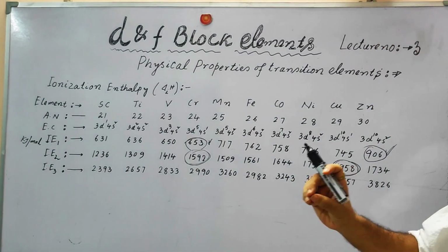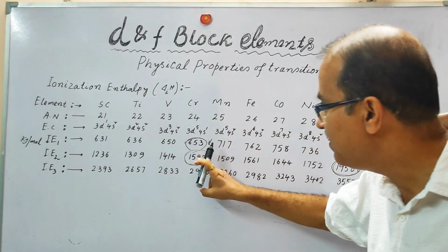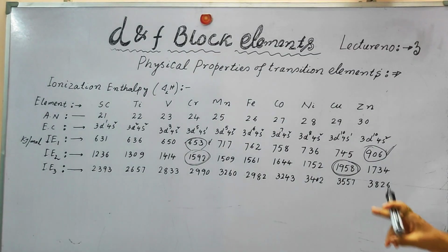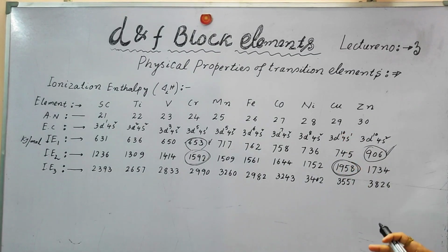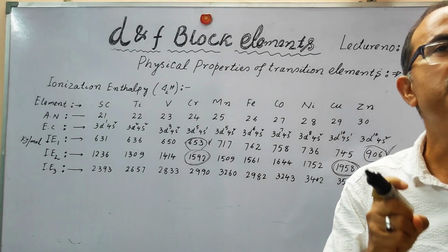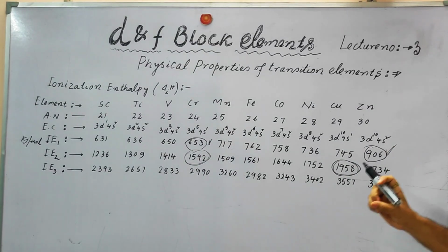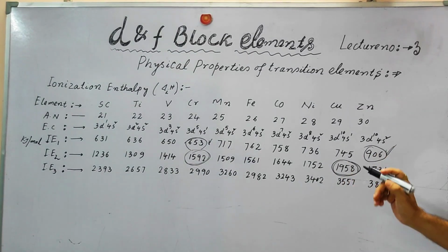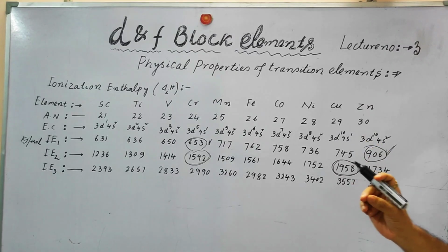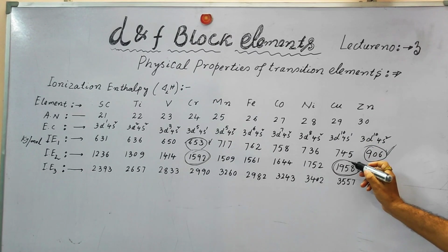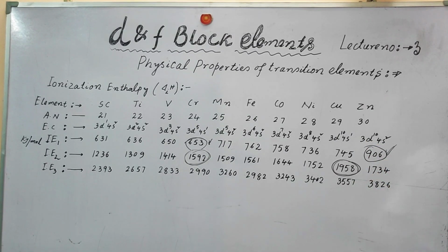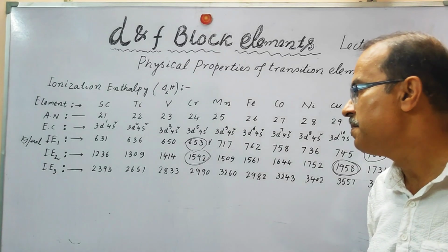So the same thing applies here that is applicable in chromium: you have to remove this electron from the most stable state of configuration. So again you have to put in a lot of energy, a lot of effort. For that reason, the second ionization enthalpy is very, very high in this case.